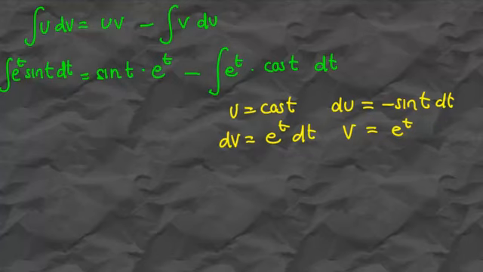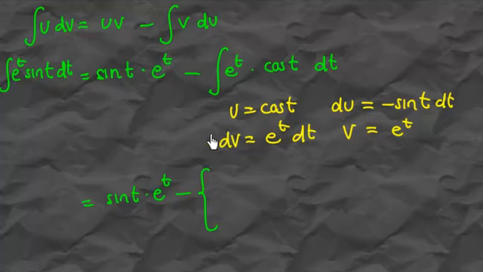Okay, let's continue. So here we copy sine t e to the t, and then we apply integration by parts for that integral.